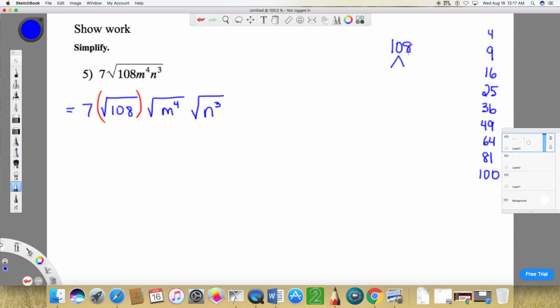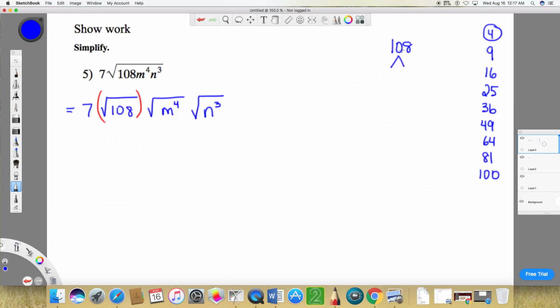Now, since 108 is an even number, we can divide it by 2. But is 108 divisible by 4? Yes, it is. So that would create a smaller factor tree. But is there another number in this list that also divides 108?